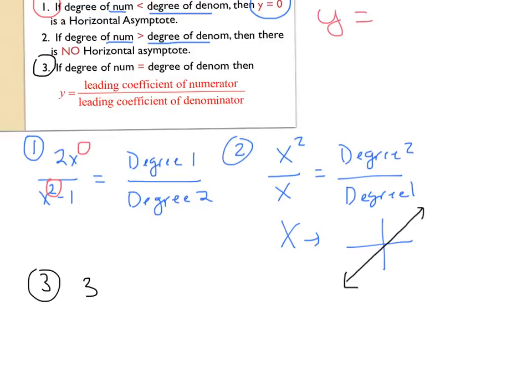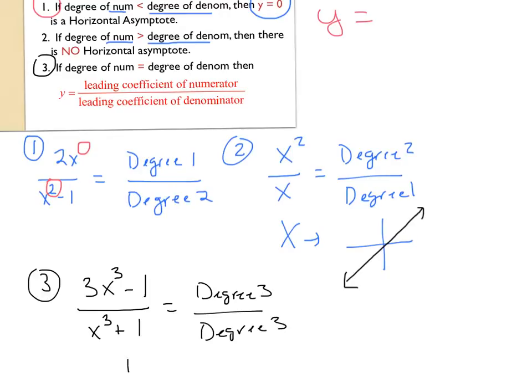So if I had 3x cubed minus 1 over x cubed plus 1, the degree is 3 over the degree 3, so our horizontal asymptote is going to equal our leading coefficient over our leading coefficient. So we'd have y is equal to 3 over 1. And we'll do some examples where we have to find all this stuff, but I just kind of wanted to go over the premise.